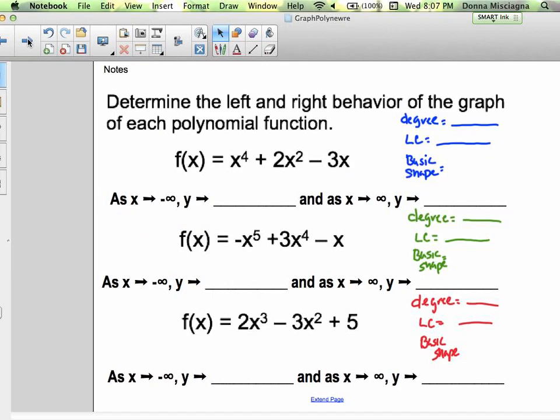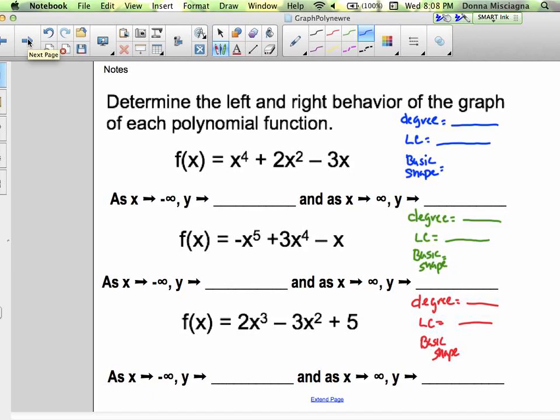Here, by the way, I have a y as opposed to f of x. I borrowed the questions. It really should be an f of x, but f of x doesn't really mean y. It's like a nickname. If your name was Joseph and you're called Joe, that would be your nickname. Well, y is f of x's nickname.